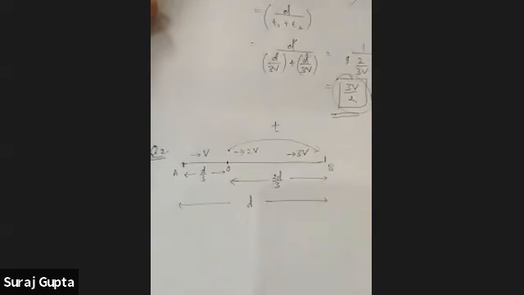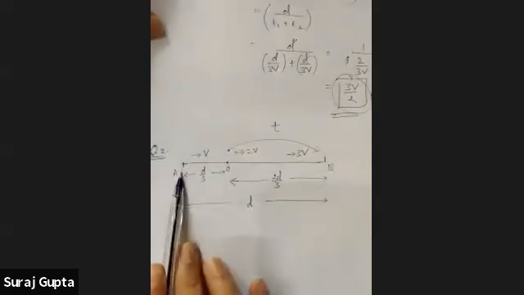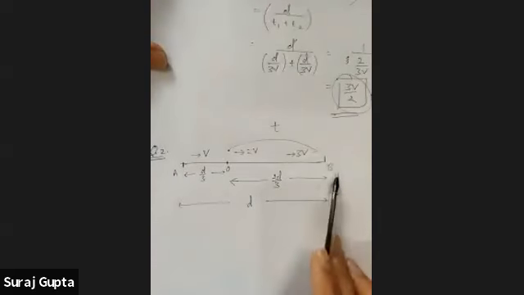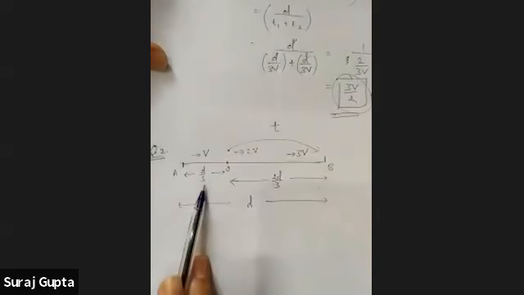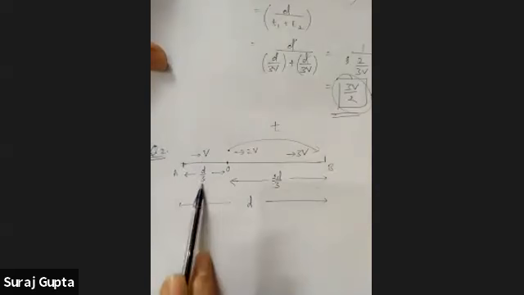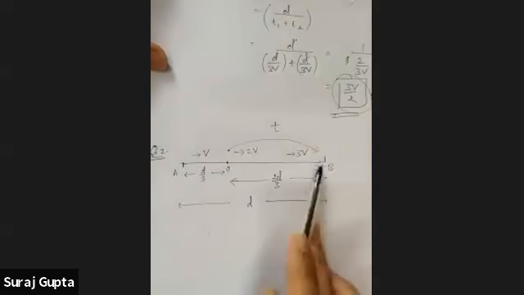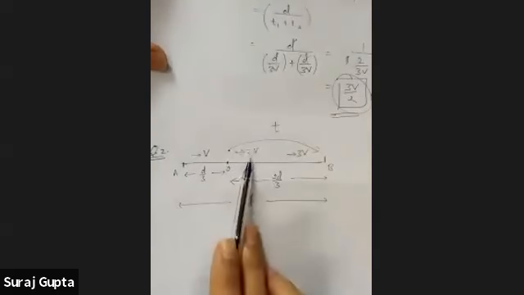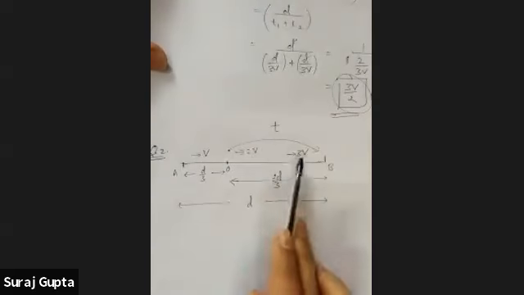the question is, the particle starts from point A, moves in a straight line and reaches point B. One third of the distance the particle travels with speed v. After traveling one third, whatever time is left, during that time half of the time the particle moves with velocity 2v and the remaining half with speed 3v.